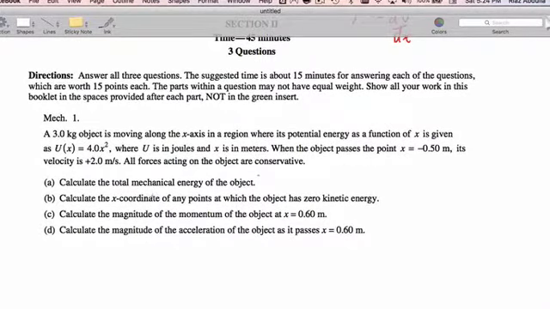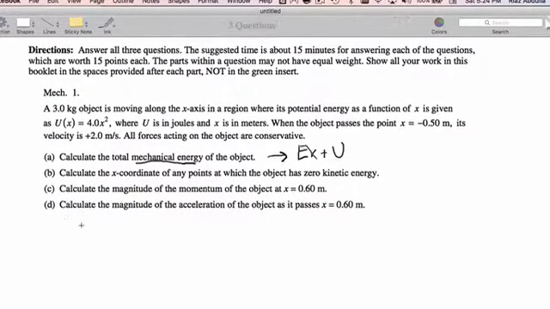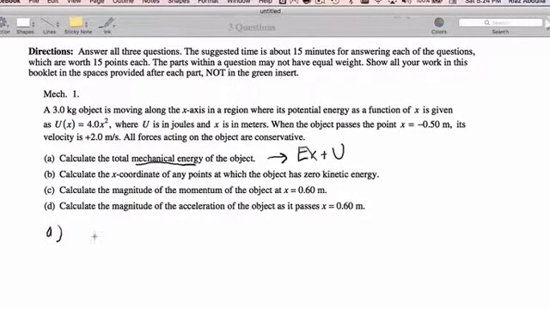So we want the total mechanical energy of the object. Let's remember, mechanical energy means kinetic energy, EK, plus potential. And since there's no friction, energy is conserved here. And so that means we can say 1/2 mv squared plus U of x. And let's see if they give us any kind of speed and position that we can work with.